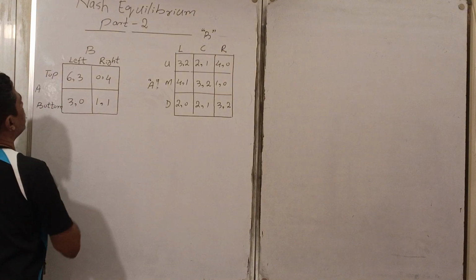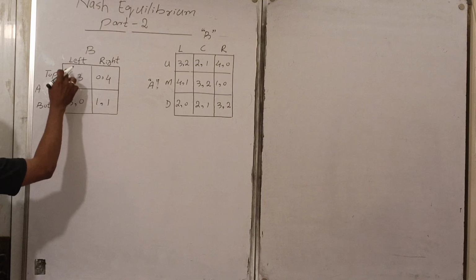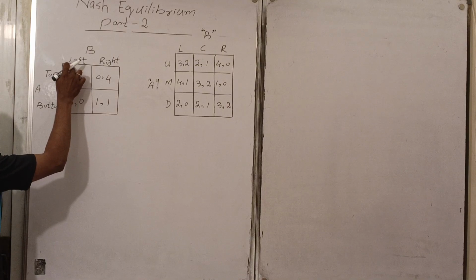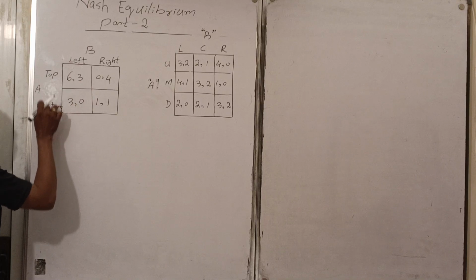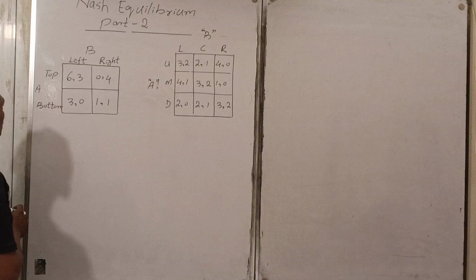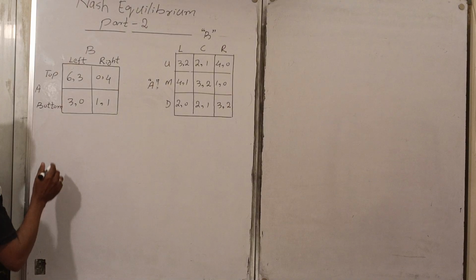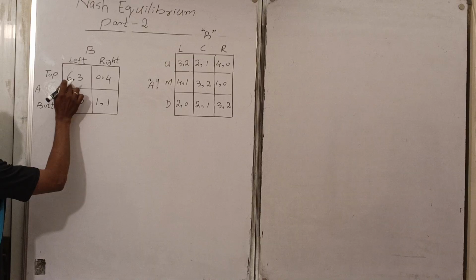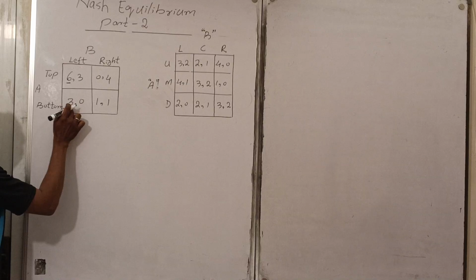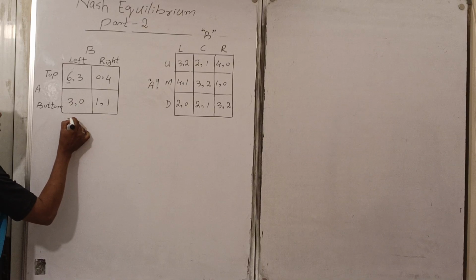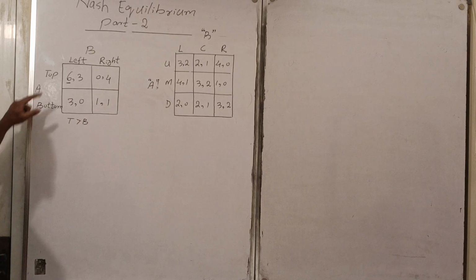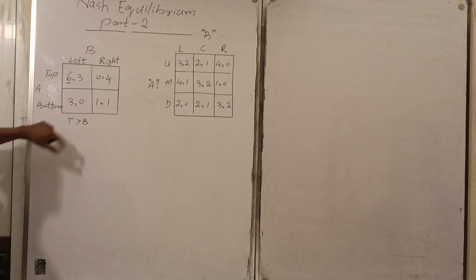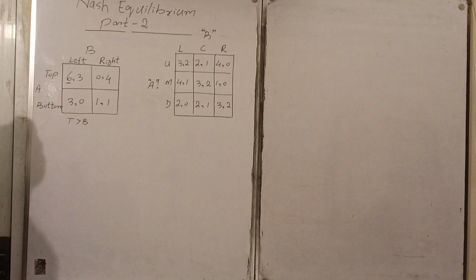Given the condition of left, A has two choices, top and bottom. Top gives the highest payoff compared to the other, so we can say that top is better than bottom.